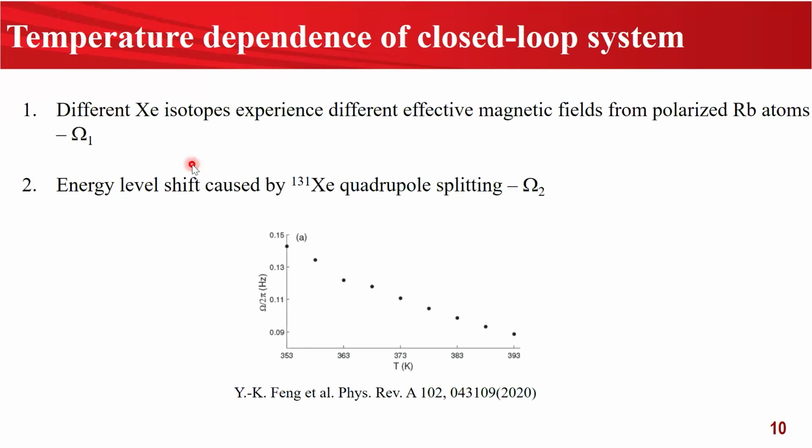And the second is that the unresolved xenon 131 quadrupole splitting will also introduce an additional new term besides the expression of the ideal condition, which is omega-2. You can see from the picture the xenon 131 quadrupole splitting has a large temperature dependence, which is true for omega-2.